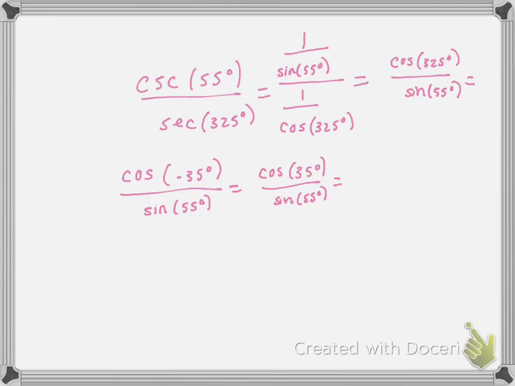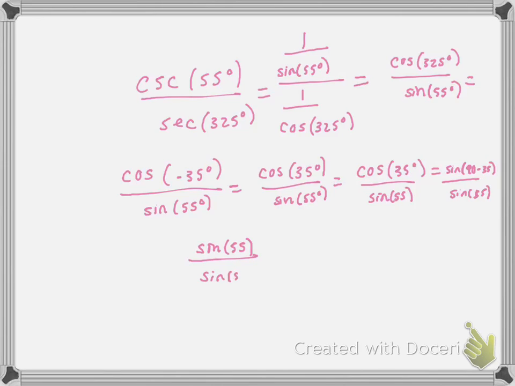So a pi over 2 period. So cosine of 35 degrees is also equal to sine of 90 minus 35 degrees, over sine 55. Now 90 minus 35 is 55. So sine 55 over sine 55 is going to equal 1. So pretty self-explanatory, but it's good to review those functions.